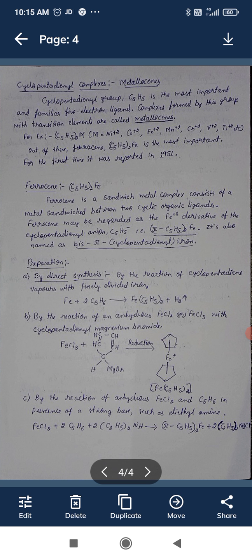Some examples are (C5H5)2M, where M is any transition metal: nickel, cobalt, iron, manganese, chromium, vanadium, titanium, etc. Out of these, ferrocene, (C5H5)2Fe, which we have already seen in the EAN rule, is the most important metallocene.